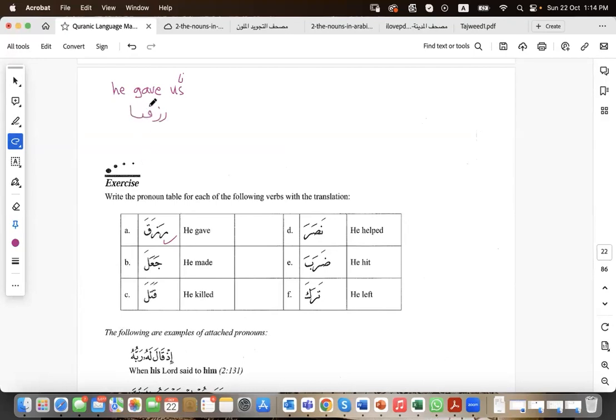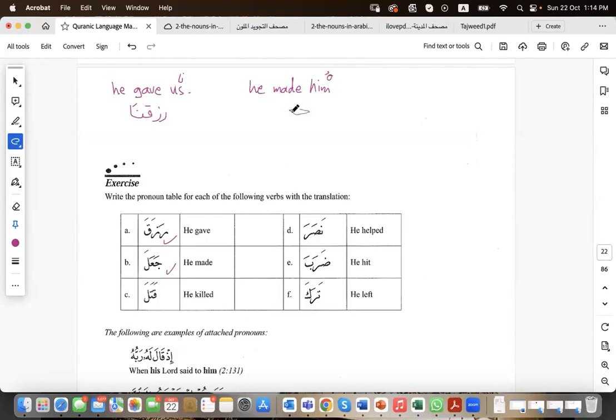So razaqa plus this na with an alif. So three words put into one word. Razaqana. Okay, جعل. If I say جعل, he made. If I would like to translate he made him, okay, him is a ha with a dhamma.